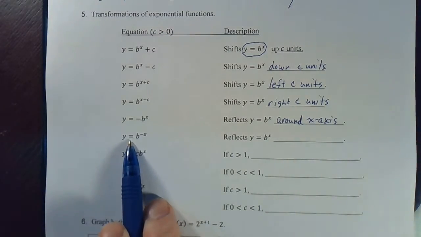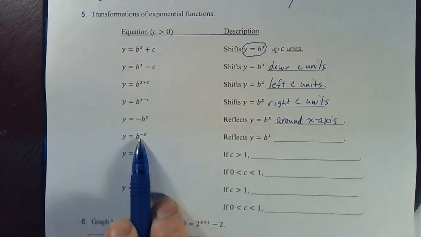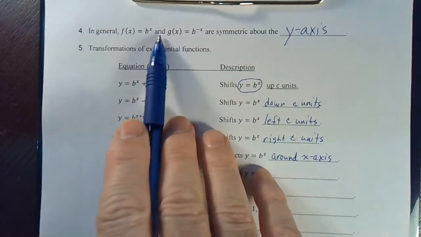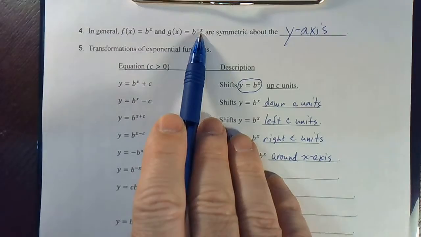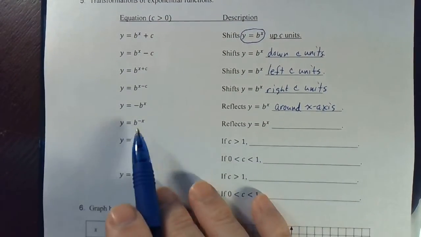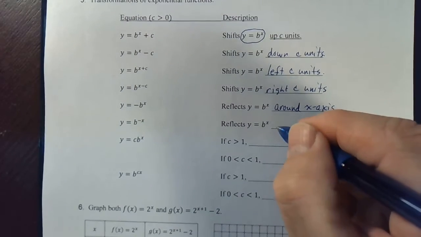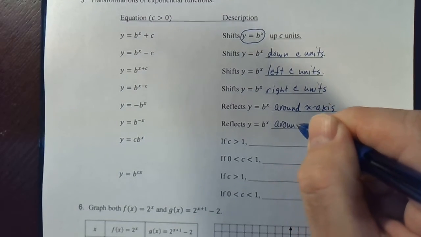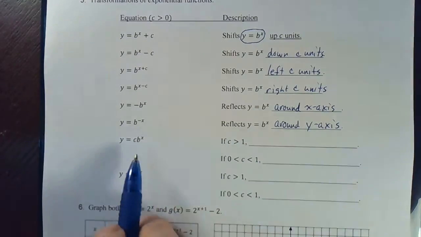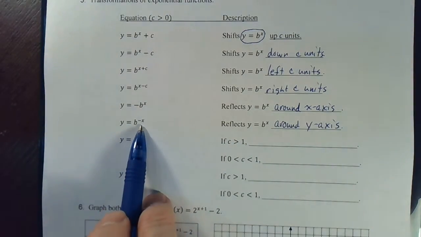And if you replace x with negative x, we've already seen this one, it makes a mirror image around the y-axis. So this reflects it about the y-axis.